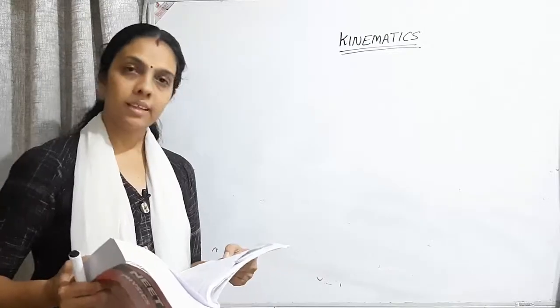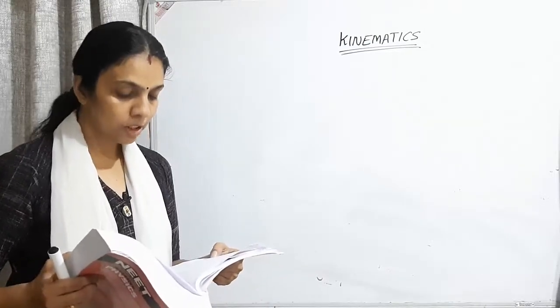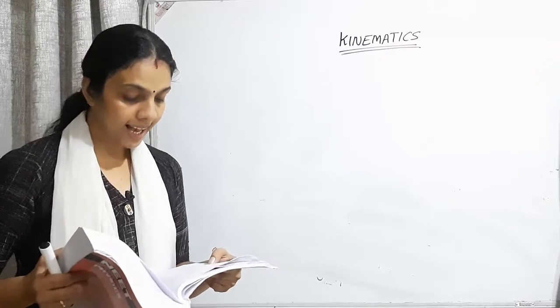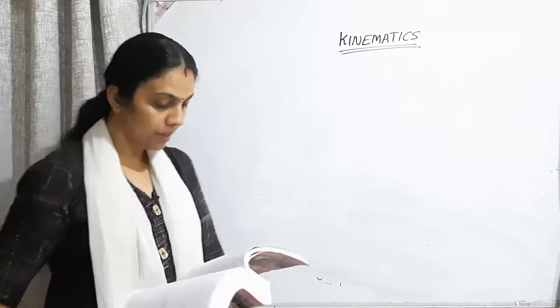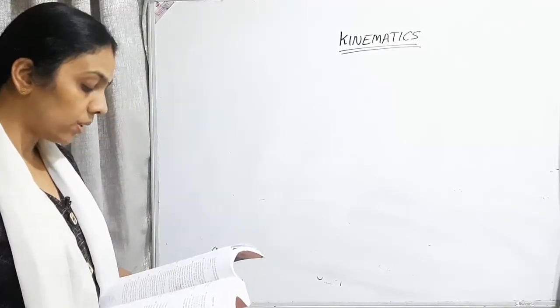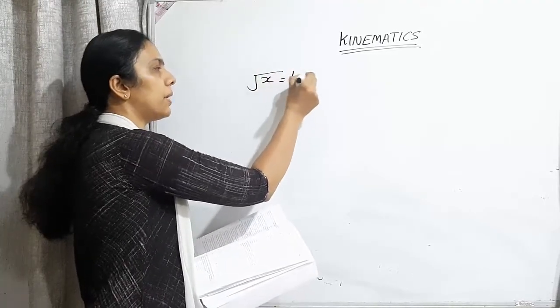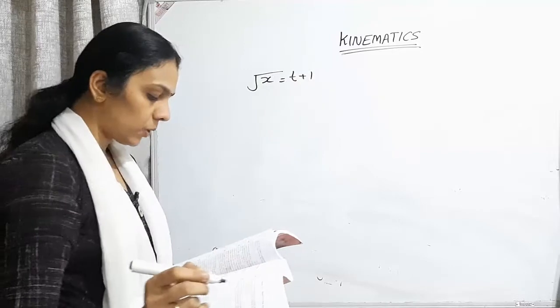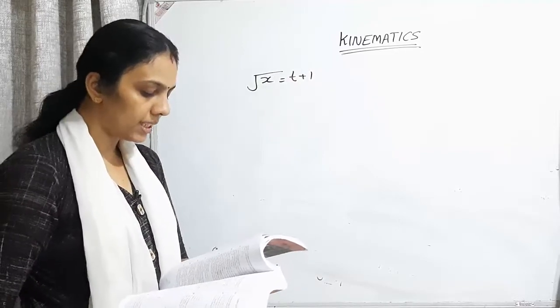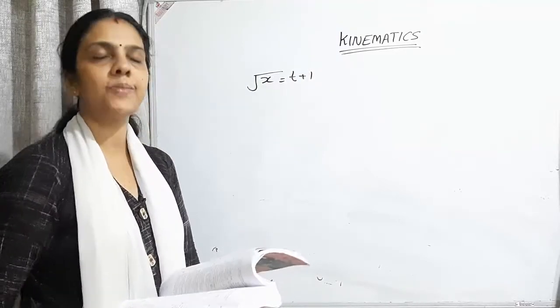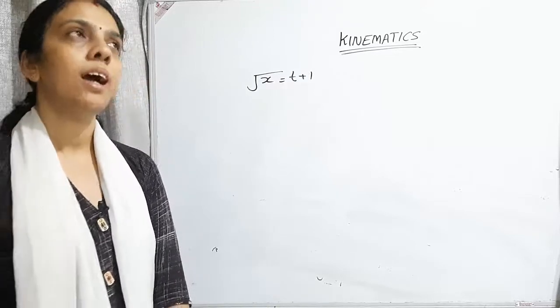Next question: the displacement of a body along the x-axis depends on time as root x equals t plus 1. Then the velocity of the body will be: increases with time, decreases with time, independent of time, or none of the above.